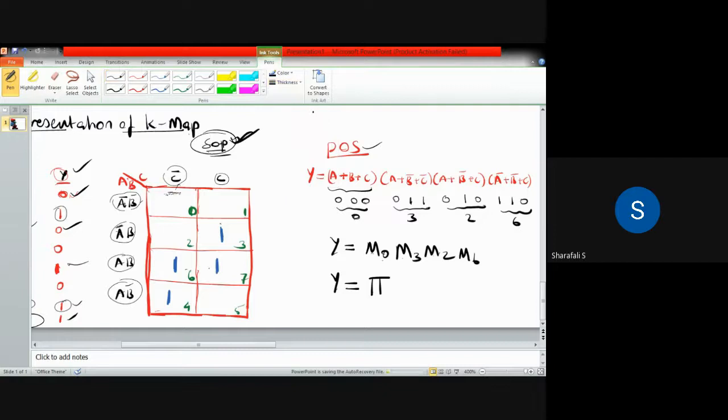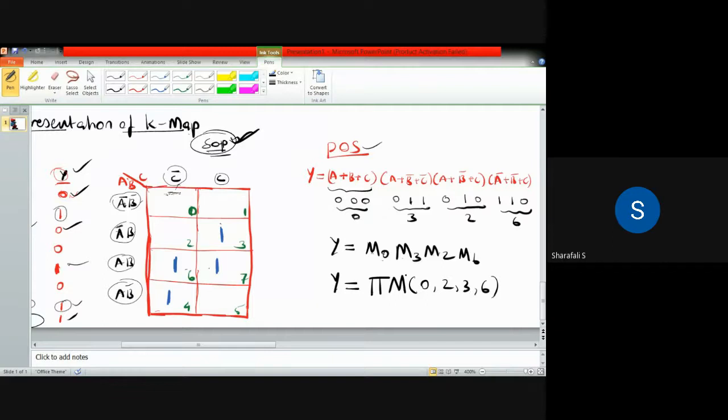These are just representations, so don't get confused by that. In the case of max terms, we have capital M, and in min terms, we have small m. So here we have 0, 3, 2, and 6, so you can write it directly as 0, 2, 3, 6. These are the positions where you have zeros.